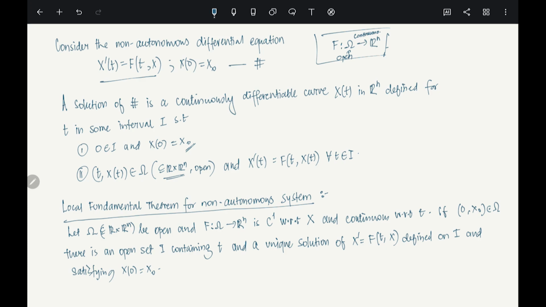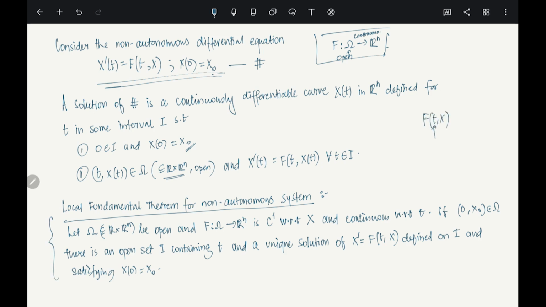So essentially what I'm saying is this: this is the problem we have in question. It's a non-autonomous system. When can we say that there is a solution? Essentially, f is a function of t and x.